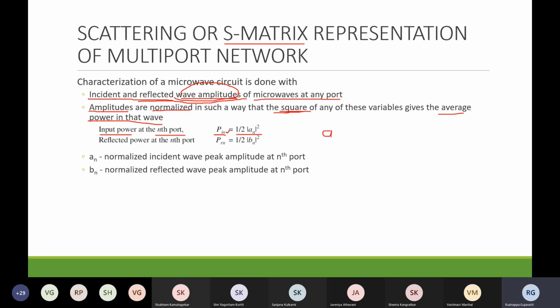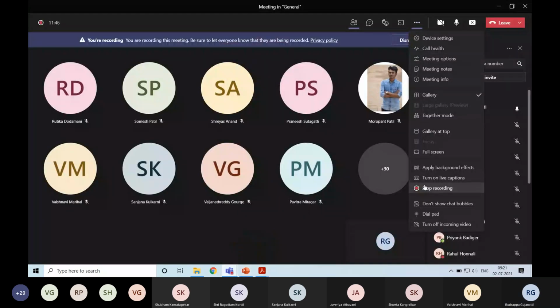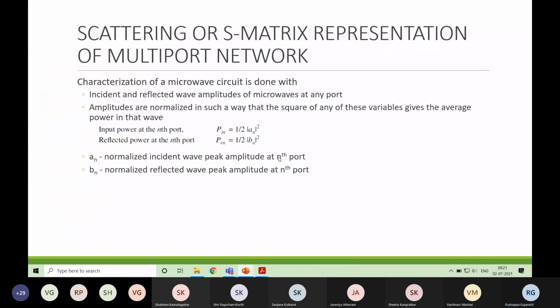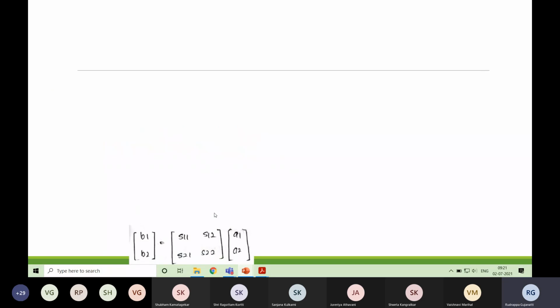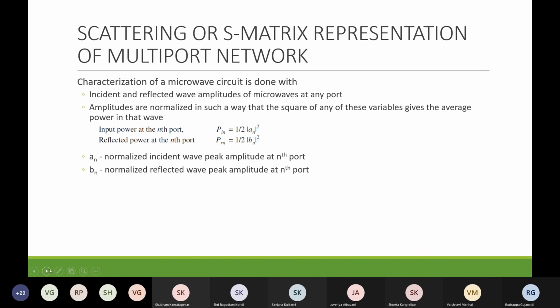Here a identifies the incident wave amplitude, b identifies the reflected wave amplitude, and the suffix n identifies at which port it is being considered. These are the aspects we have to look out for when we are dealing with the scattering matrix.